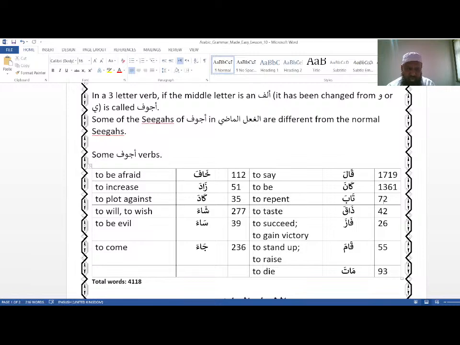Khafa, to be afraid. Zada, to increase. Kada, to plot against. Sha'a, to will, to wish. Sa'a, to be evil. Another famous verb, ja'a, to come.